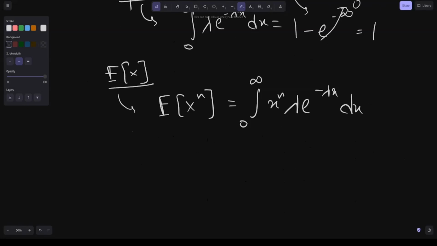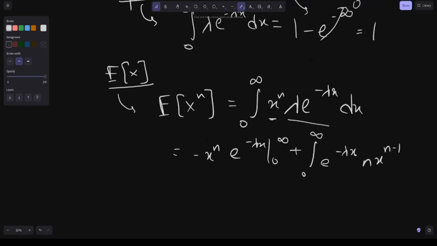Now we will integrate it by parts, where this is one part and this is the other part. You'll get minus x to the power n e to the power minus lambda x from 0 to infinity, plus the integral from 0 to infinity of e to the power minus lambda x times n x to the power n minus 1 dx. The boundary term comes out to be 0.